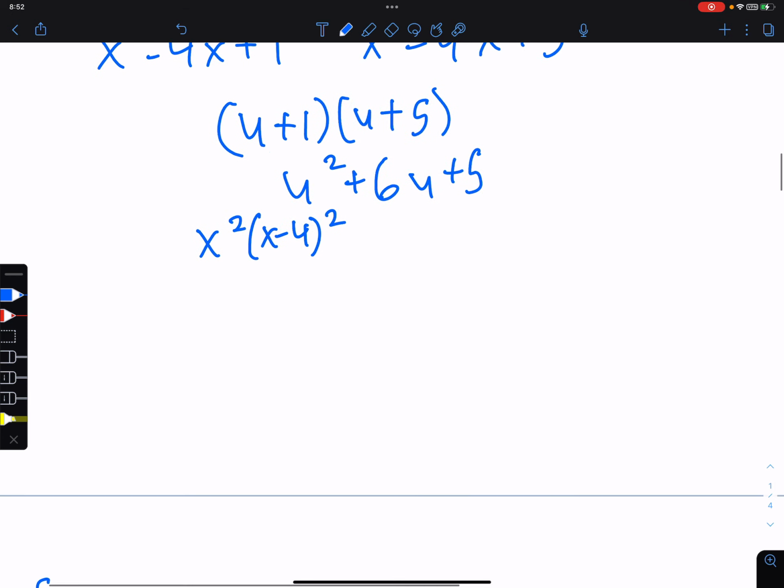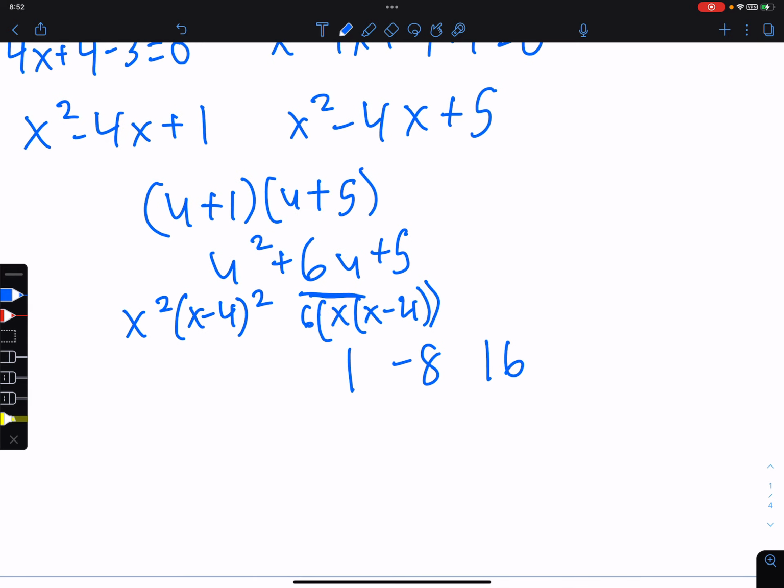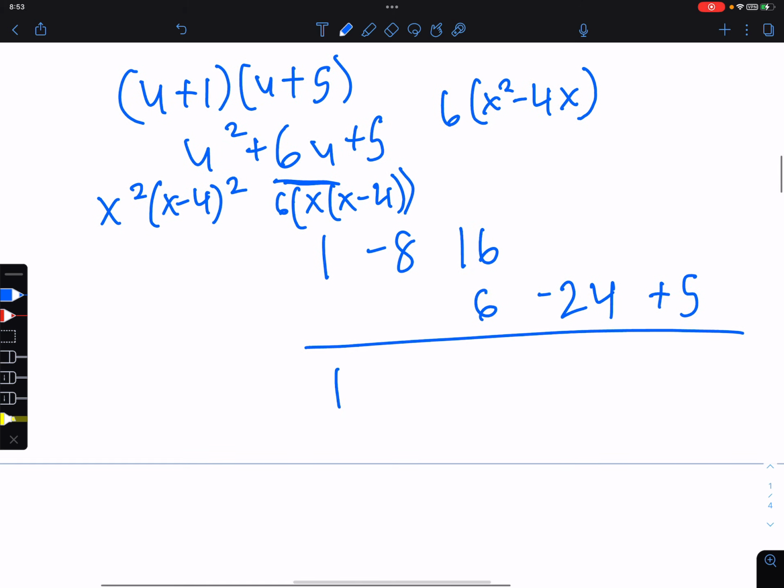So it's just going to be 1, negative 8, 16, and then 6 times x squared minus 4x, right? So 6, negative 24, and then plus 5. Combine this, right? That's your answer.